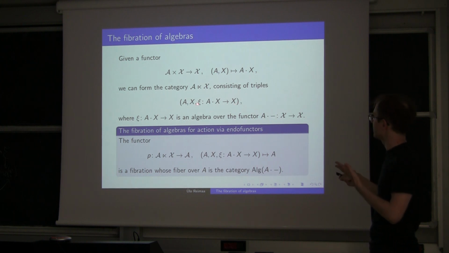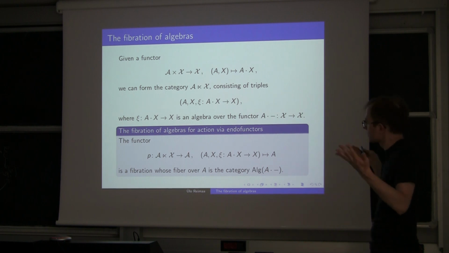This psi is just some morphism from AX to X, and since our functor is just an endofunctor, we don't require anything else.